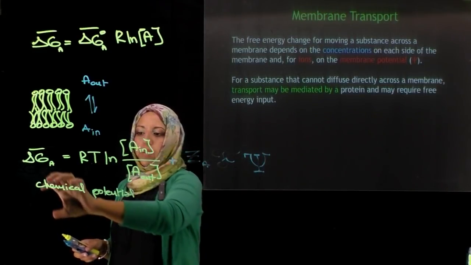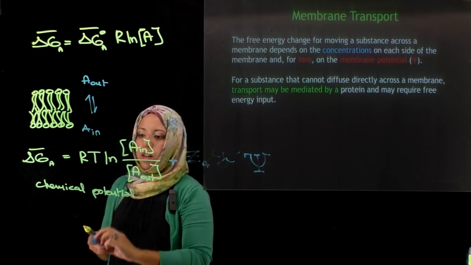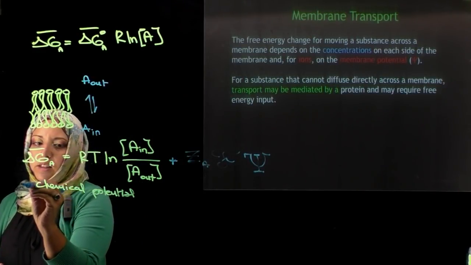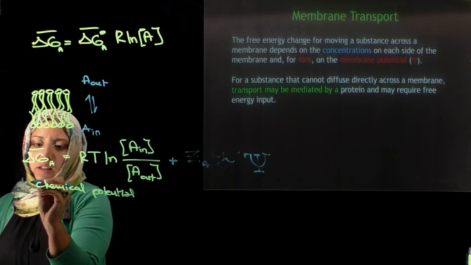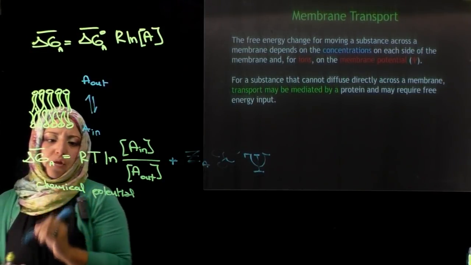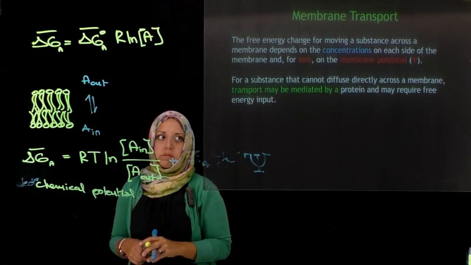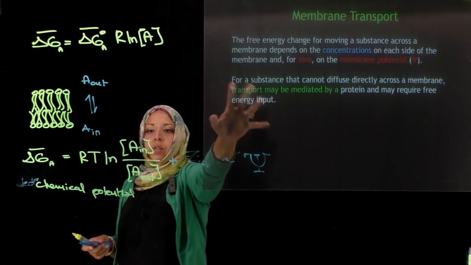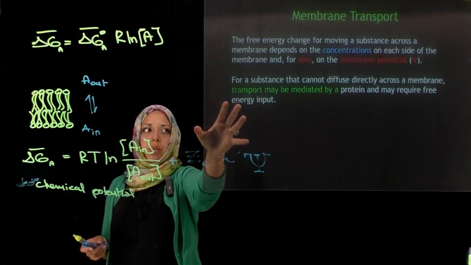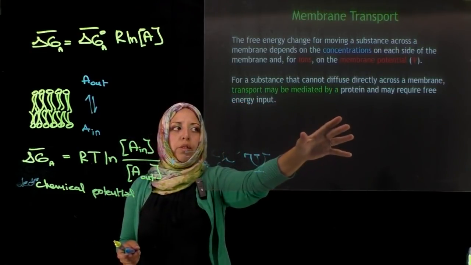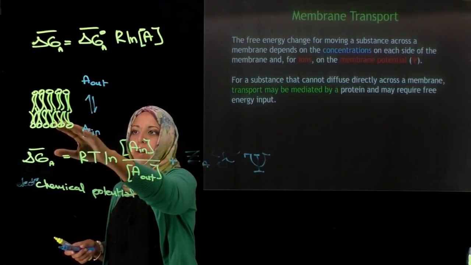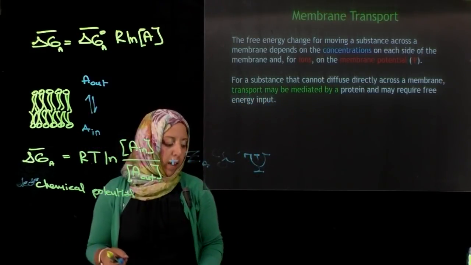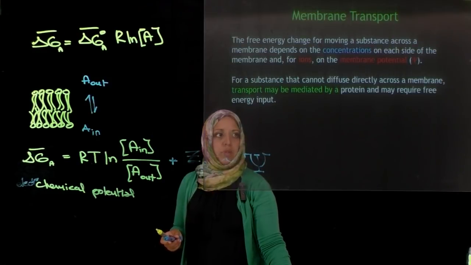And then instead of calling it a chemical potential, it is known as the electrochemical potential. So for substances that are charged or polar or ions, they cannot really diffuse alone across the membrane, and their diffusion is facilitated or mediated by specific proteins.